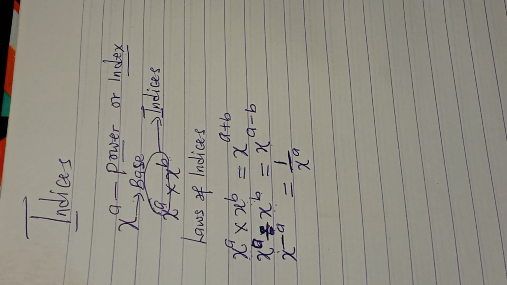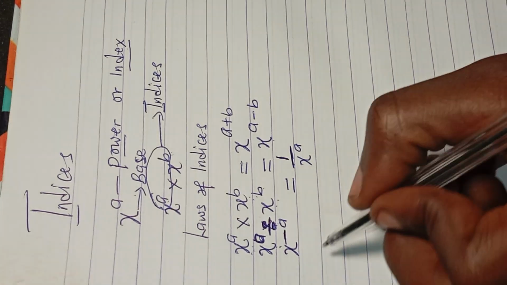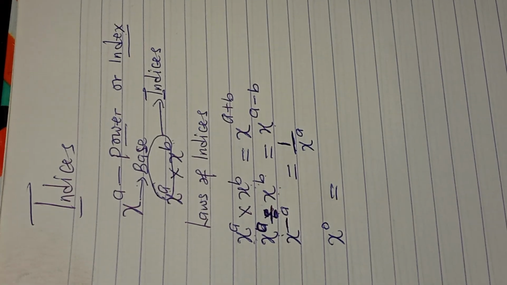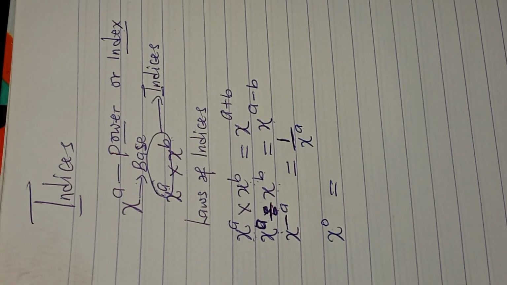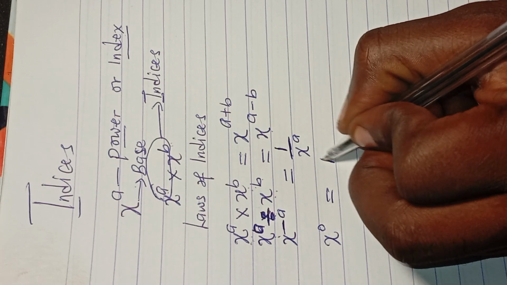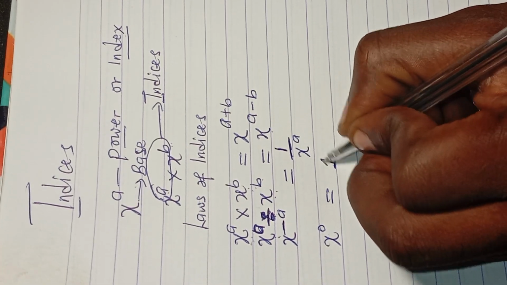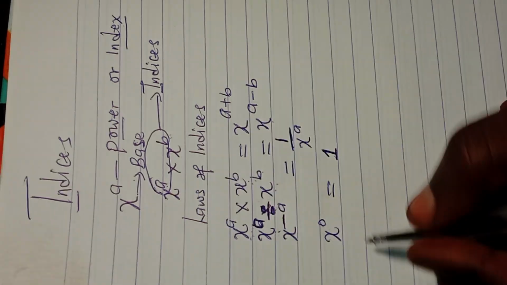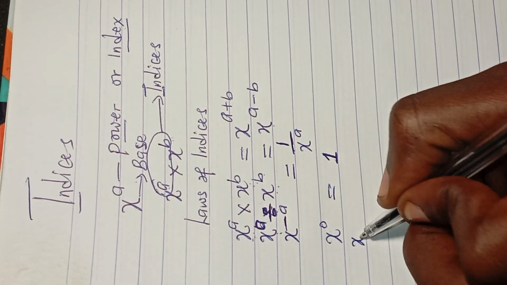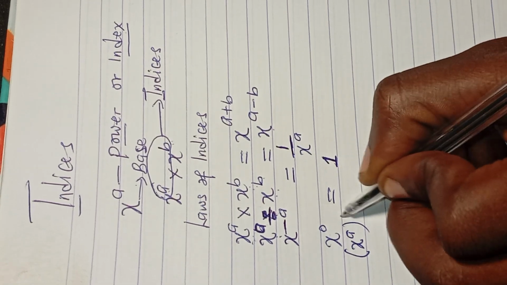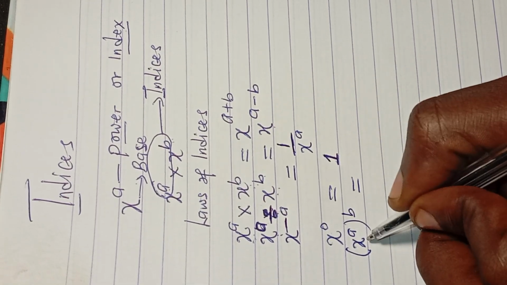And then the next law, apart from this, we have x power 0. Any number raised to the power of 0 is 1. So therefore x power 0 is 1. So we have 4 rules here. Another one, if we have x power a, open bracket, close bracket, power b, it's the same thing.